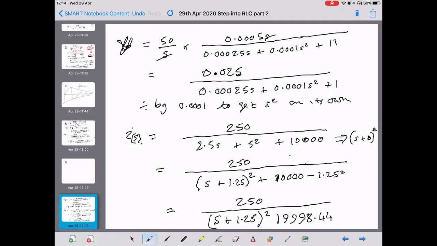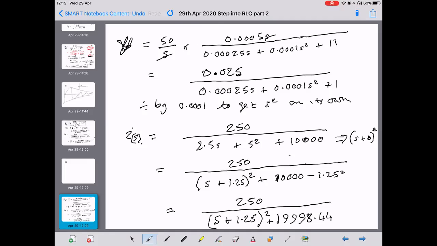You've added one too many nines. Have I? You put 19,998. Is it? How come my calculator's worked out? Oh, hang on. It's 10,000 minus. Yeah, you've written it as 20.